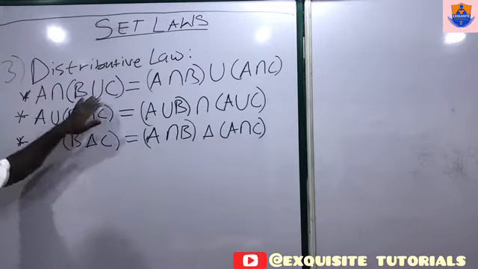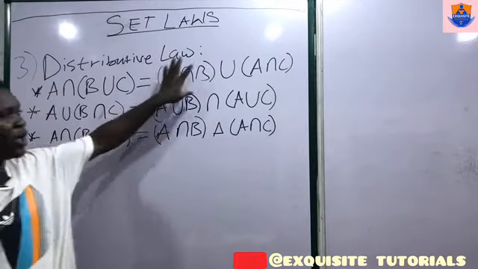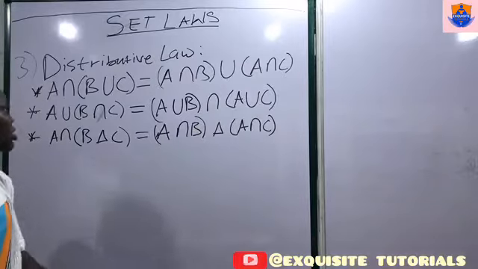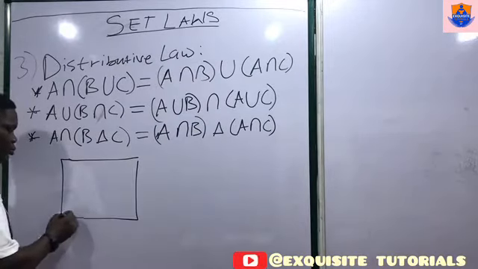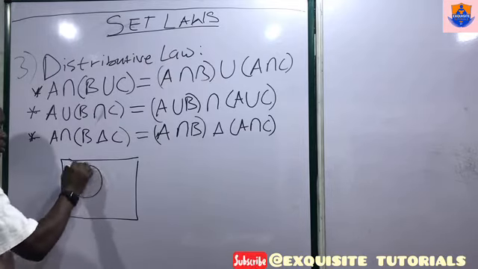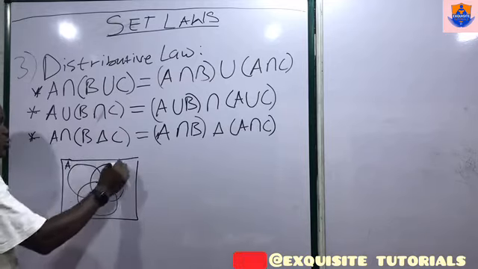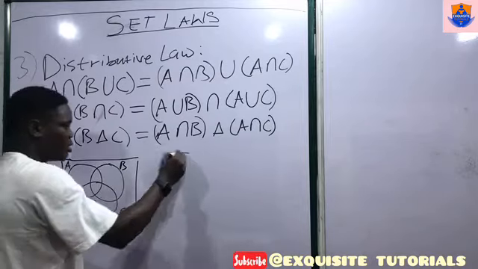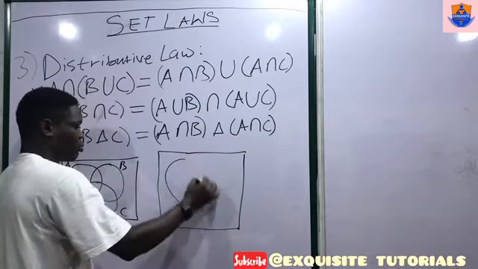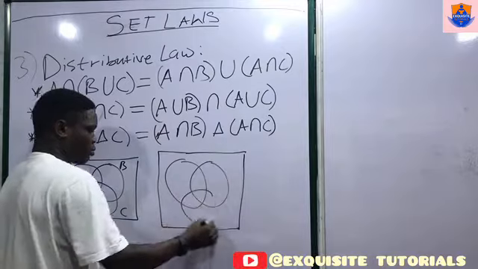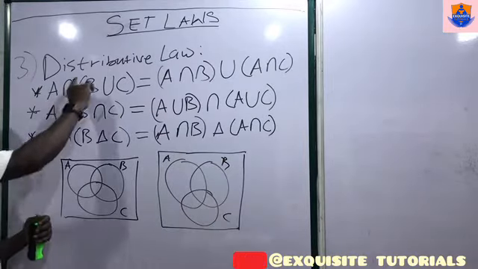For this, we want to first of all do B union C, then intersect it with A, then compare it with this to see if we get the same result. So this is your A, B, and your C. Let's do this first.